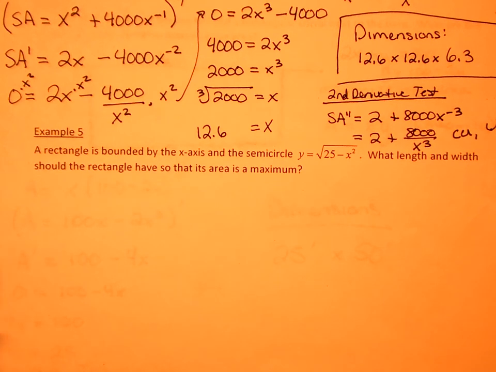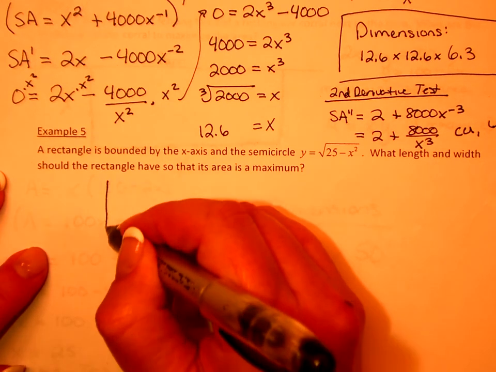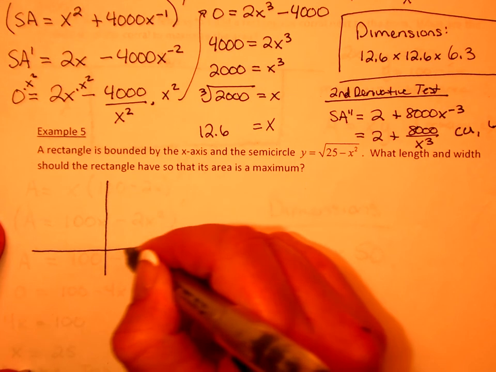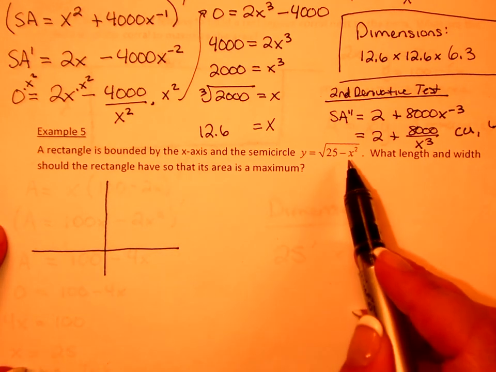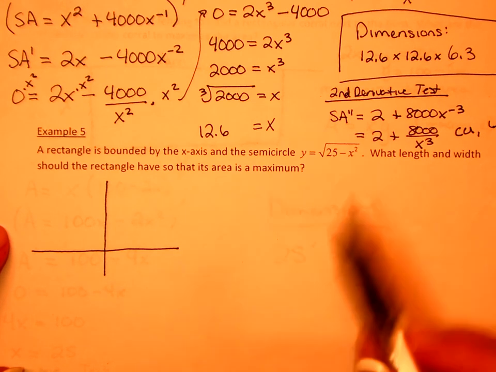All right, so we're going to draw a rectangle inside a semicircle. Right? So y equals the square root of 25 minus x squared is the top half of a circle. And if you don't believe me, graph it. But this circle is going to be radius 5. Right?